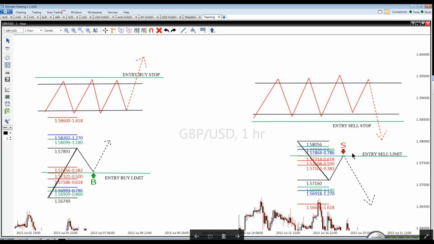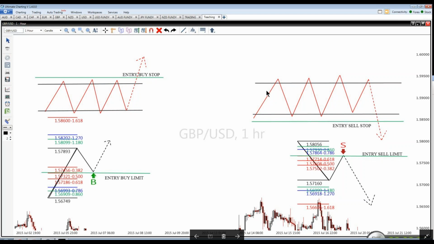Same for the entry sell limit. In a down AB boundary, I may place my pending entry sell limit above the current market price, expecting the market is going to retrace, trigger me into that sell, and then turn around and continue to go in the trend direction, bearish. Right? So these entries are usually placed expecting that the market is going to turn around.